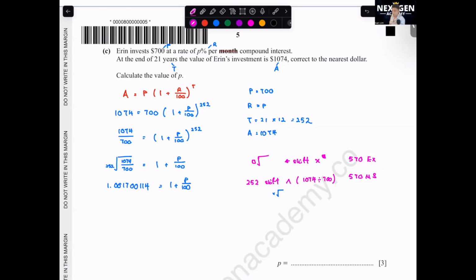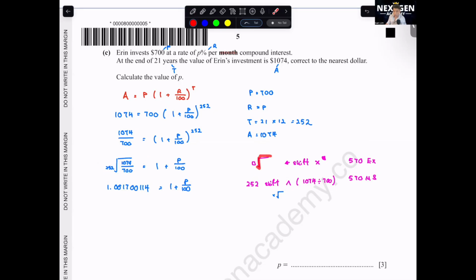ZL got 1.0094. Wrong. Which calculator are you using? You need to follow this exactly, and you need to understand how your calculator processes the value. For the 570EX, just follow this. The 570EX will be the most straightforward one, because it will come out in a form that looks exactly like this. This is not a square root. This one you have to use.